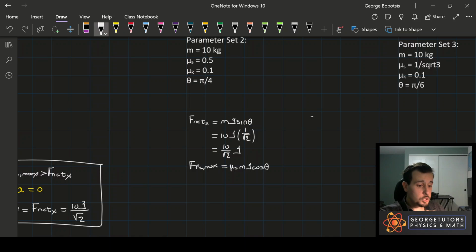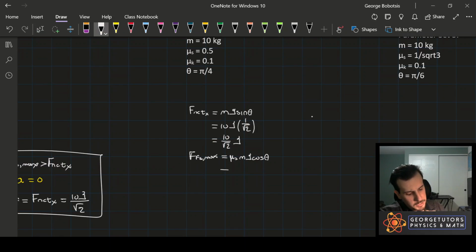But for my coefficient of static friction, I only have 0.5 this time, which I can express as 1 over 2 to have it in terms of a fraction. Then the mass here is still 10. We still have g as an untouched constant. And then I have the cosine of 45 degrees, which is still 1 over root 2.